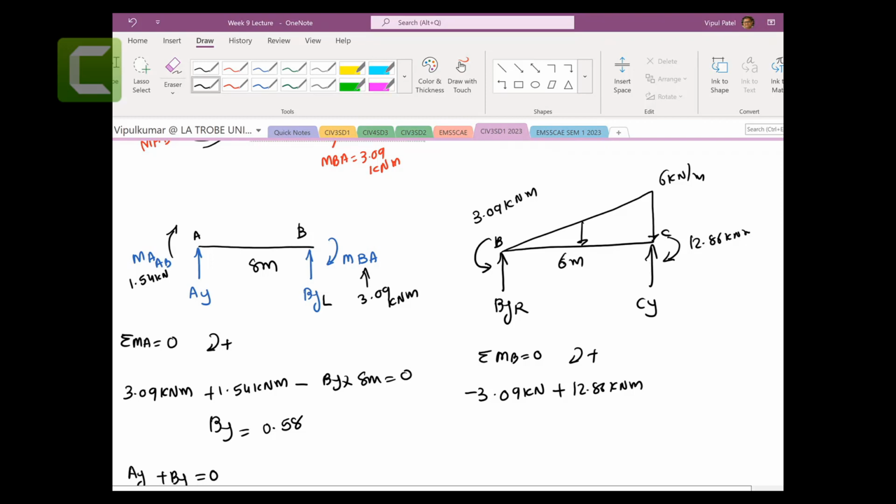Then CY, minus CY times 6 meters. And probably this one would be your 1/2 times 6 times 6, so 36 over 2 is 18 kilonewtons. That's in the middle. And I remember that 2/3 and 1/3, so 2 divided by 3 times 6 gives you 4 meters and then 2 meters here.